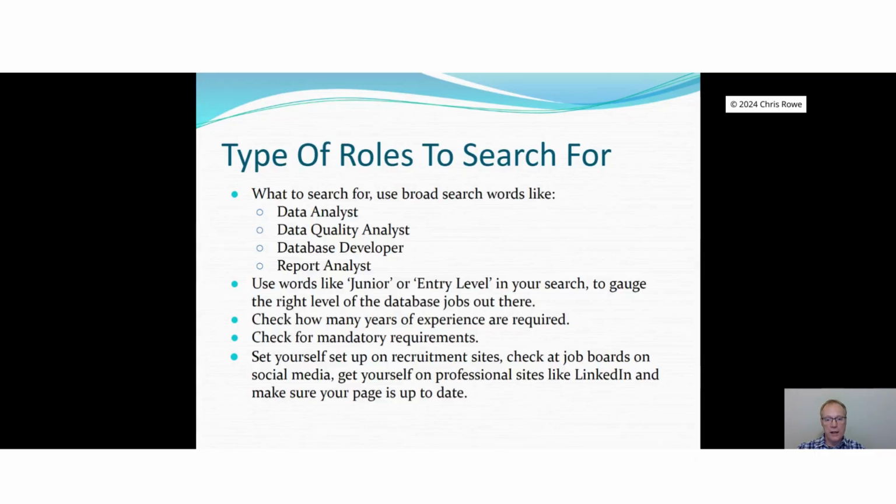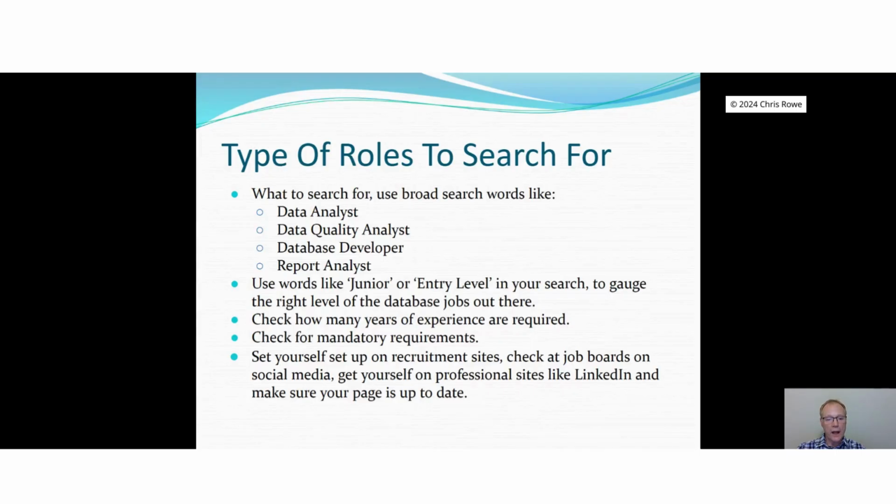So entry level, they'll probably not require any years of experience, but they may require some skills in SQL or other technical skills. So again, years of experience is a good indicator of what sort of level the job is out there.